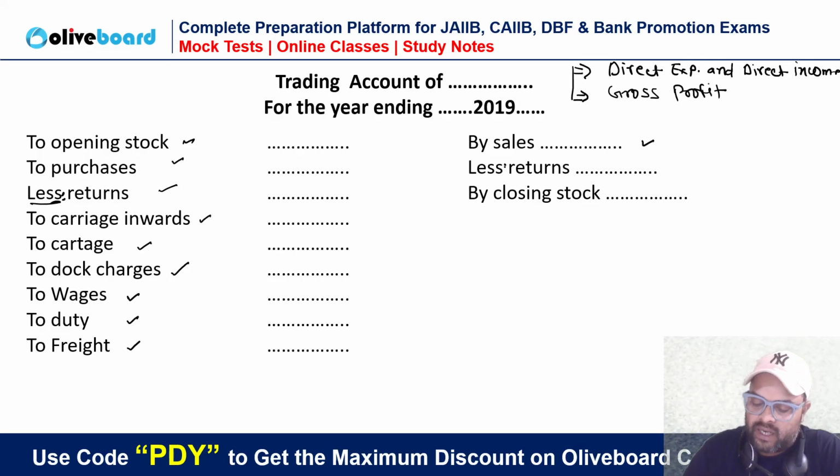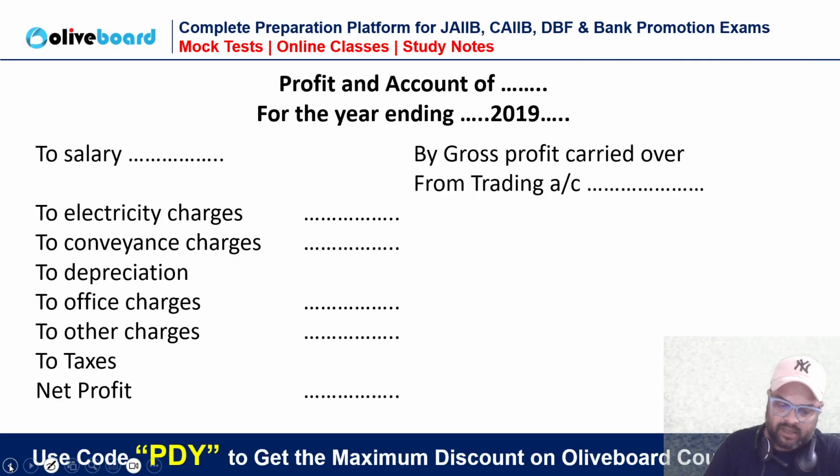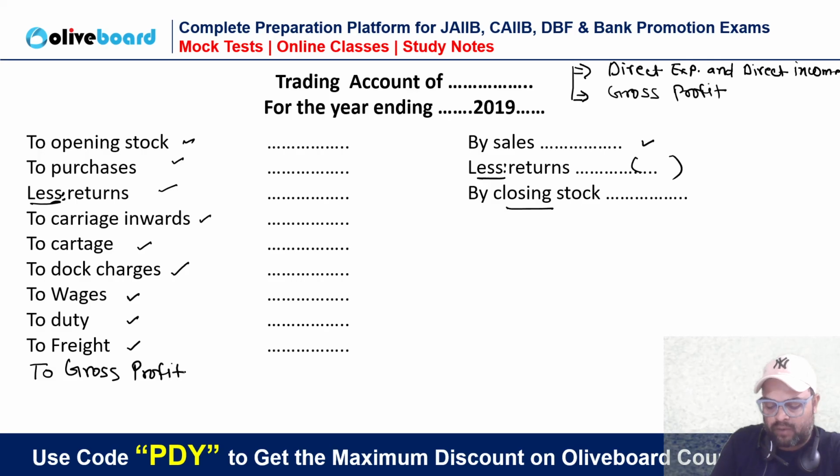Sales, with any sales return reduced from it, and closing stock. These things will be recorded on the debit side of the trading account, and finally the value of gross profit will be calculated by reducing.